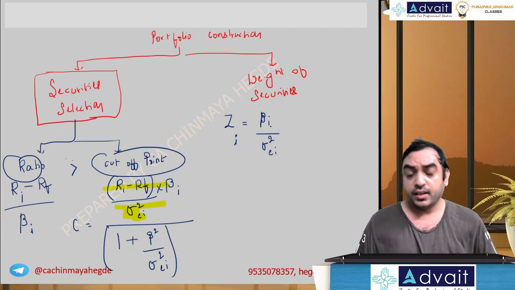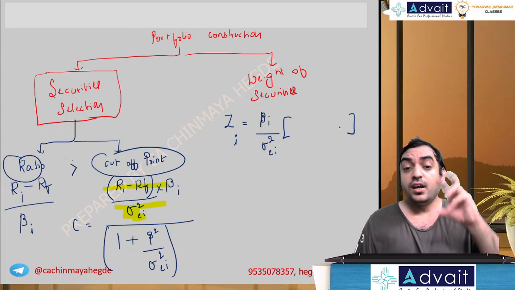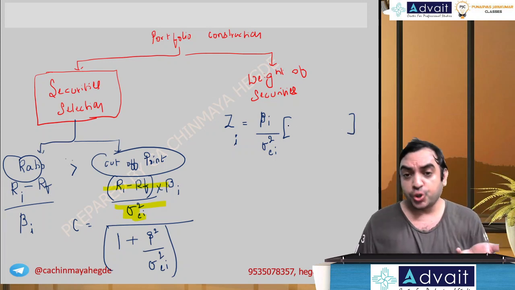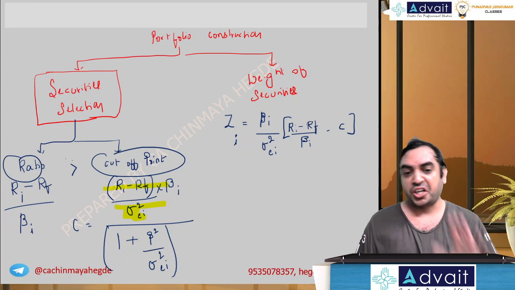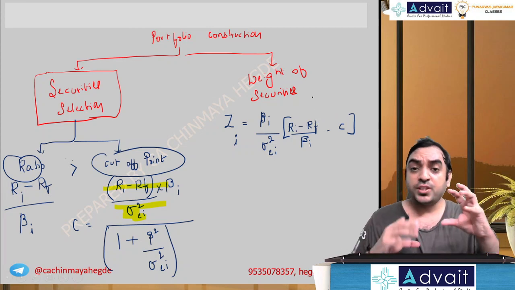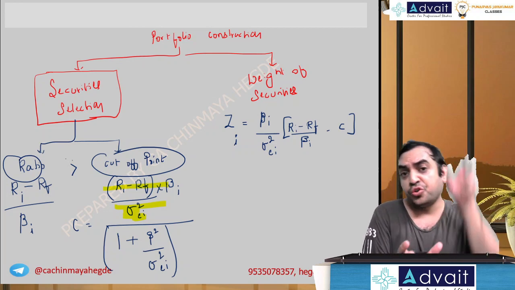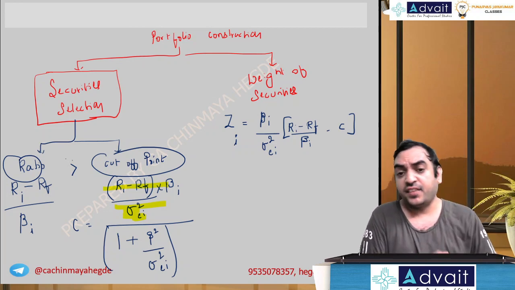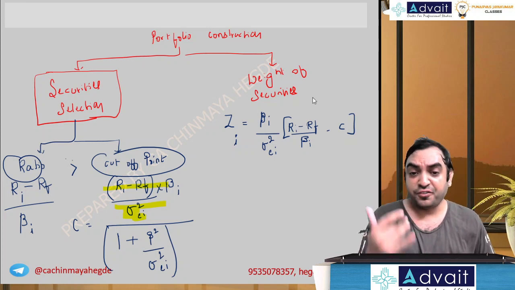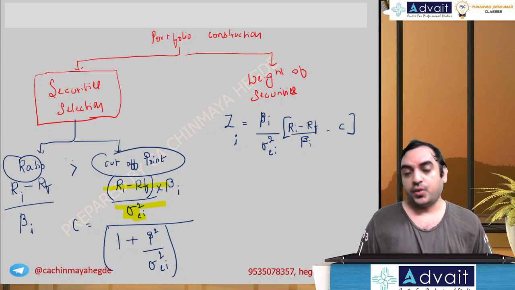Whatever is the numerator, multiplied by beta, I don't do it. This beta by sigma e square multiplied by Ri minus Rf, I don't do. I'll find out the difference between the ratio minus the cutoff point. The ratio is what? Ri minus Rf divided by beta i, minus the cutoff point, C for cutoff point. So how much excess over the cutoff point you have, that excess you multiply by the ratio of systematic variance by unsystematic variance. Like this, you calculate Z for individual securities.